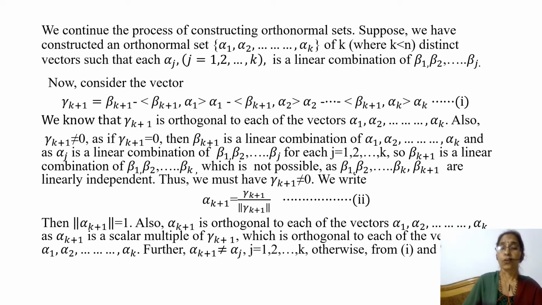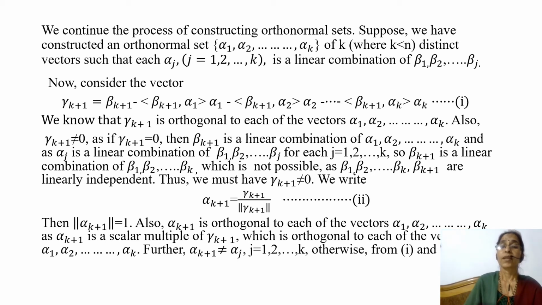Then the norm of alpha k plus 1 is equal to 1, and alpha k plus 1 is orthogonal to each of the vectors alpha 1, alpha 2 up to alpha k, as alpha k plus 1 is a scalar multiple of gamma k plus 1, and we have seen that gamma k plus 1 is orthogonal to alpha 1, alpha 2 up to alpha k. So we find that alpha k plus 1 is orthogonal to alpha 1, alpha 2 up to alpha k.